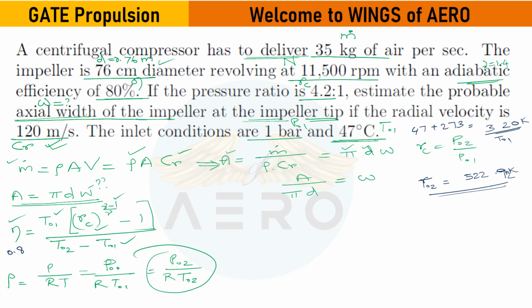So once you find the T02, you can find the P02 from here, right? So P02 is your 4.2 bar. So into 10 power 5 will become Pascal. So you can find what is the rho value. R value is going to be constant, 287. So you will get your rho naught 2 value.